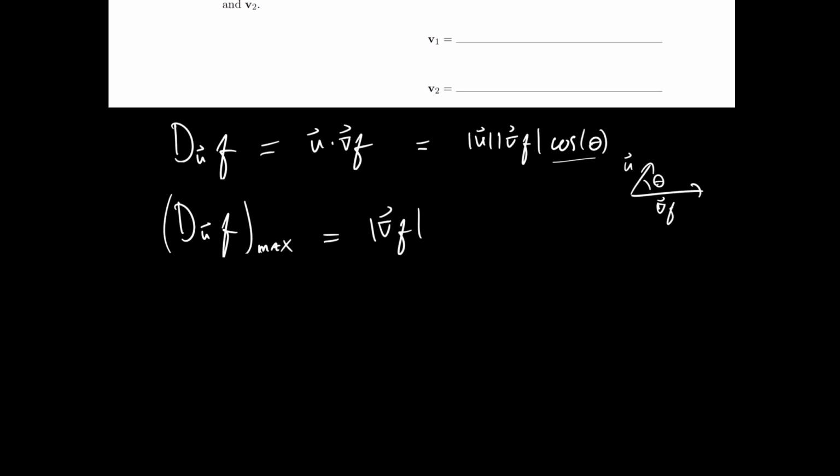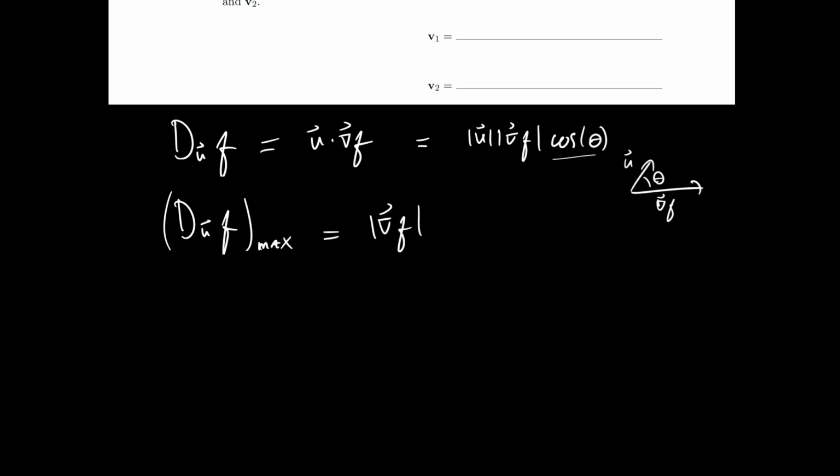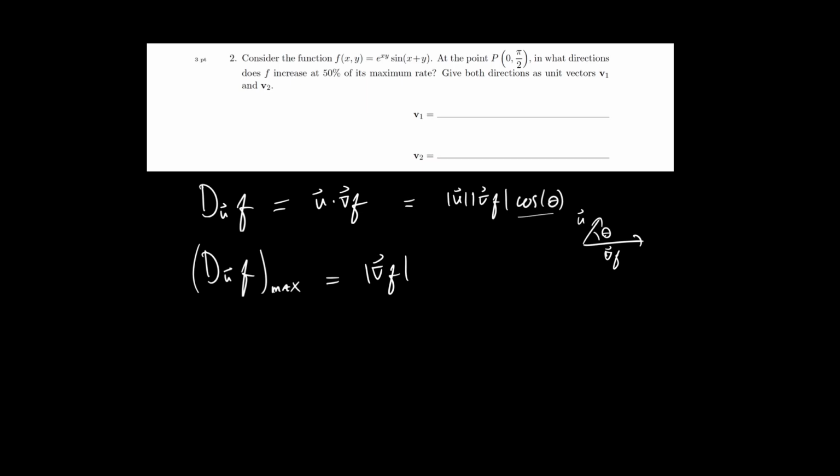So now that we know how to calculate the maximum directional derivative, of course we can look at the question and see that we are asked to find the directions in which the increase of the function is 50% of this. In other words, if I look at the directional derivative in some direction v of f, then we're looking for vectors v such that the answer is exactly half of the maximum rate, like this.